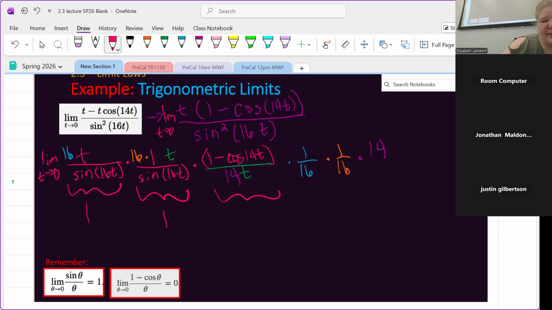But what about the 1 minus cosine ugly over ugly? What does that tell us it equals? I heard someone out there say it's 0. So I got 1 times 0 times ugly mess. Doesn't matter what those numbers are. This product is actually 0.